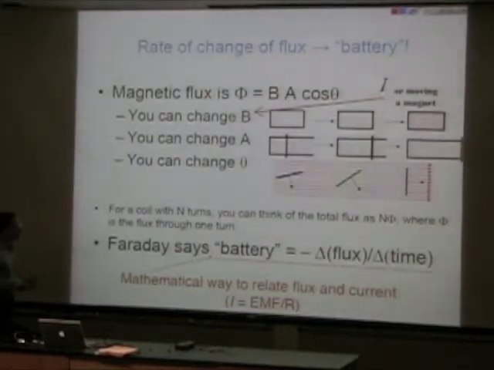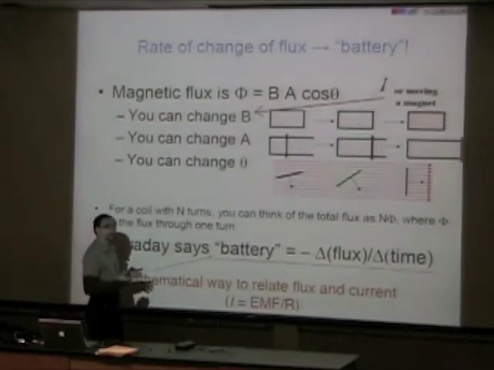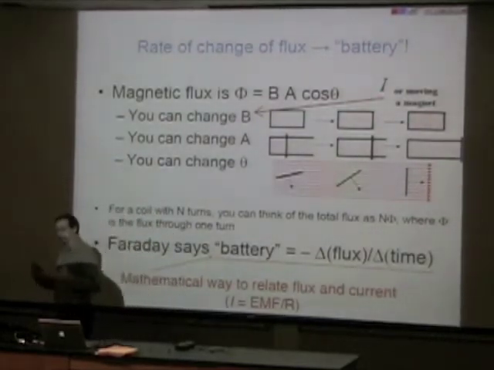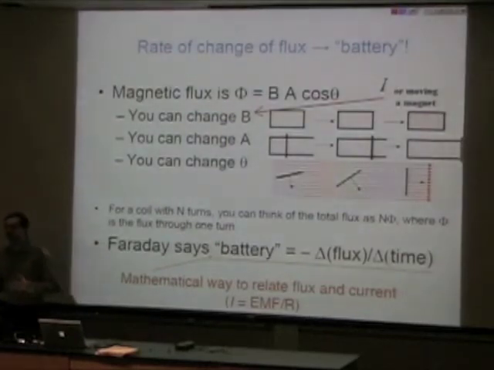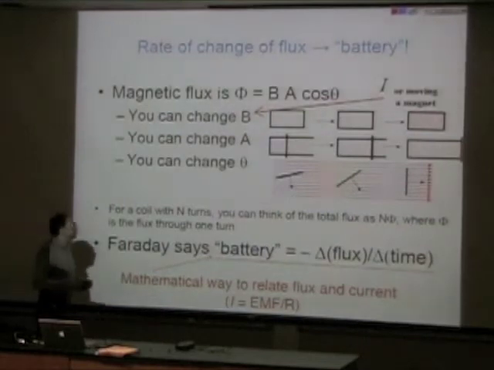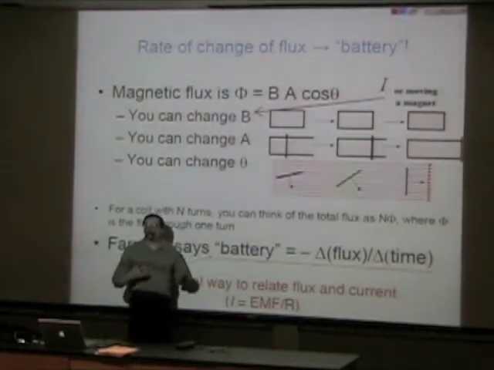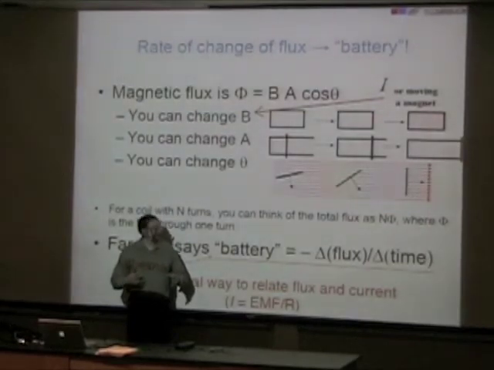And we know that the current is related to EMF and the resistance of the circuit. That's just Ohm's law, not a new law. So when flux changes, we have to conclude it generates EMF in the loop.